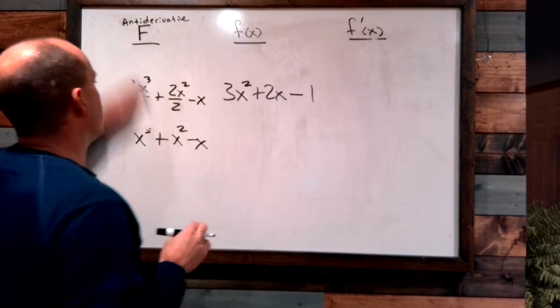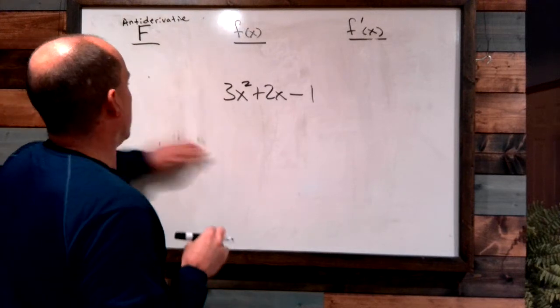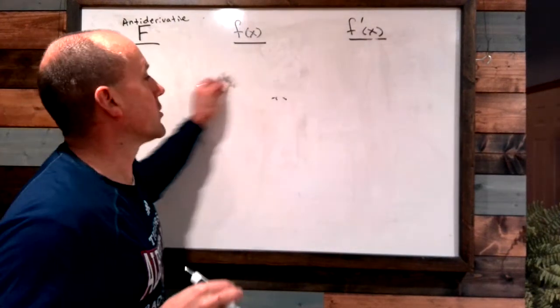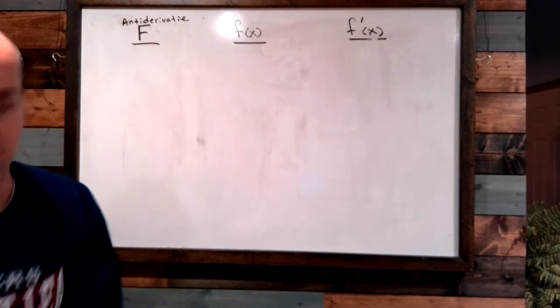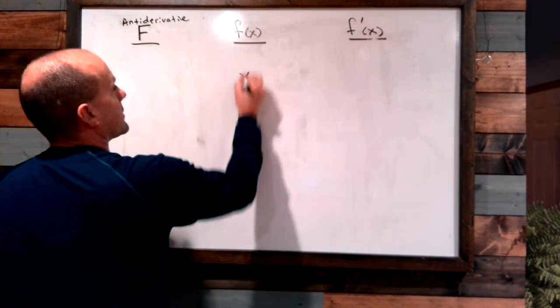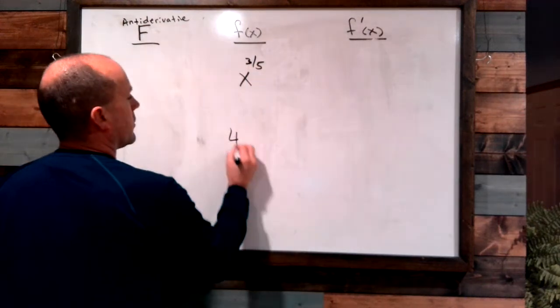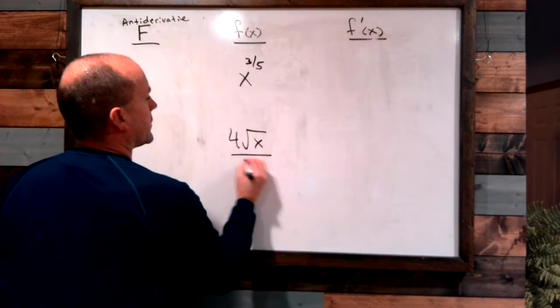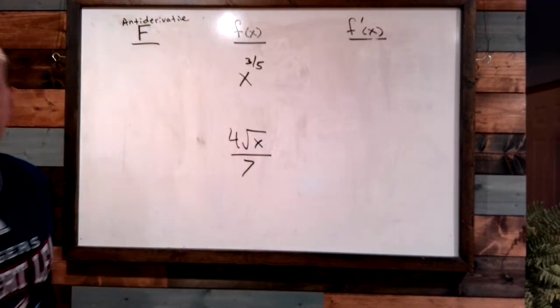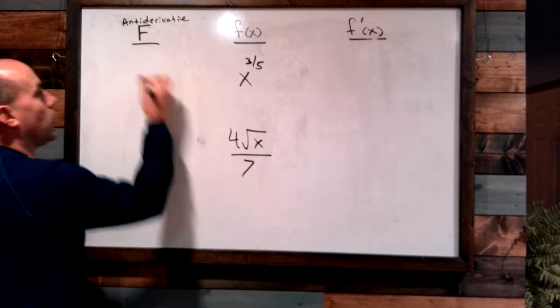And as you guess, we definitely have situations where we look at radical functions as well as rational functions. So, for example, suppose we have x to the 3/5, or suppose we have 4th root of x over 7. So in this situation, we have to add 1.